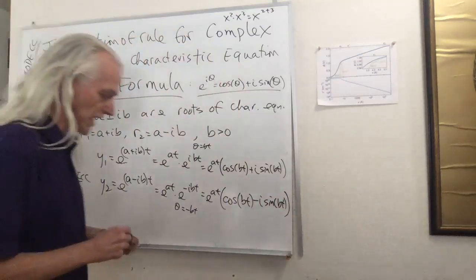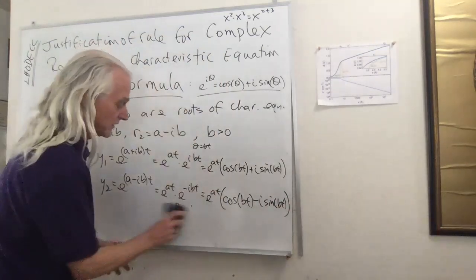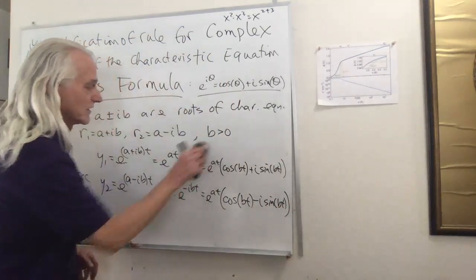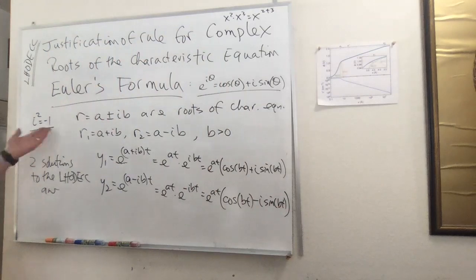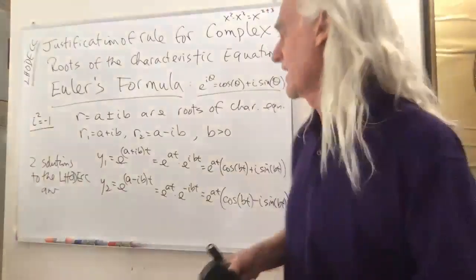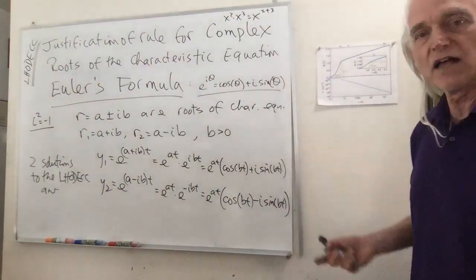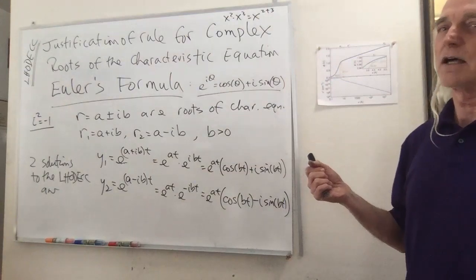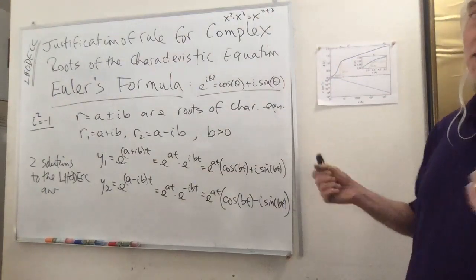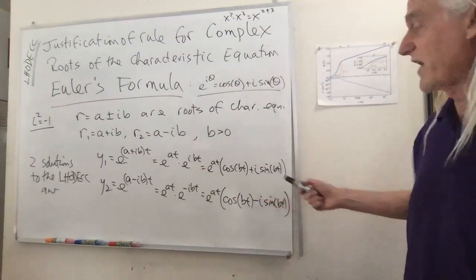All right, so I've got two solutions, and yes, they are linearly independent solutions to this differential equation, whatever it is that had these roots. And we've talked about that elsewhere. But the problem is they're not real valued. This is not the droid you're looking for. This is not the solution you're looking for because we wanted a real valued solution.